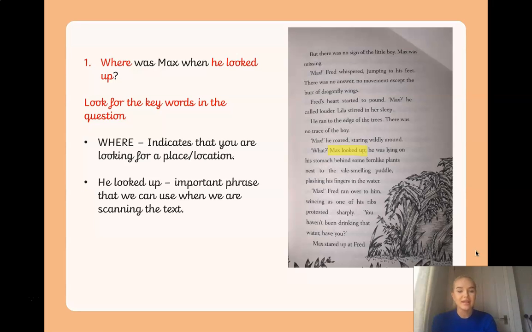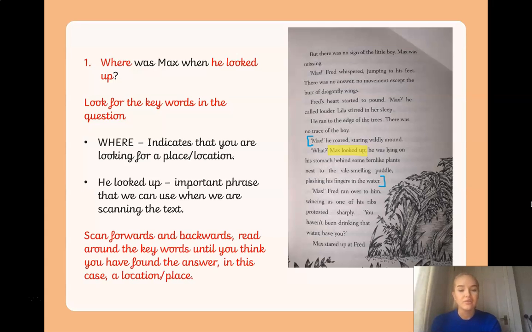Okay, so we can see here that we have found the phrase highlighted in yellow, Max looked up. That's the same as saying he looked up. We know this question is about Max. And now we can start to read forwards and backwards, which I've highlighted in the blue brackets, reading around the keywords until you think you find the right answer. In this case, a location, a place, a where.